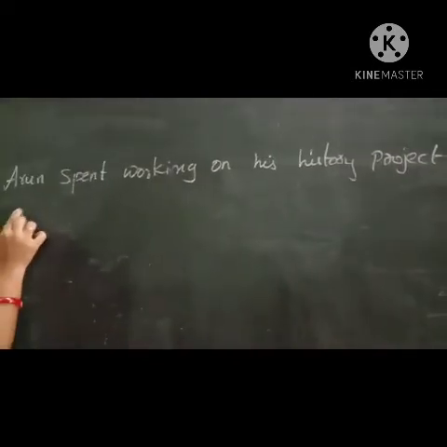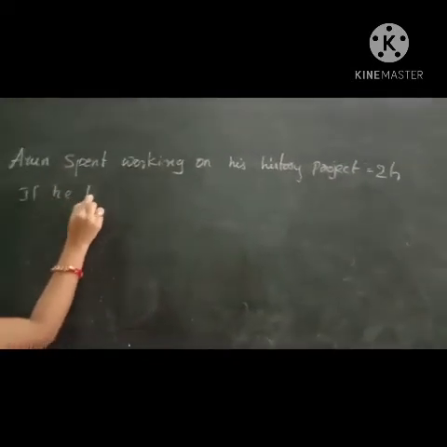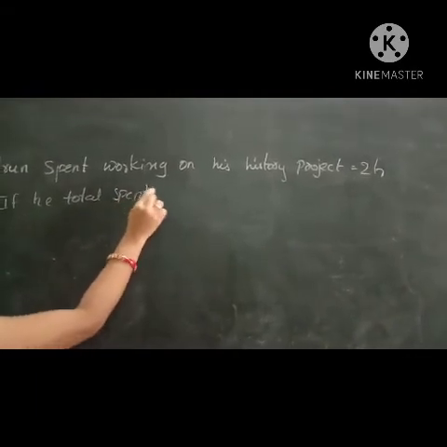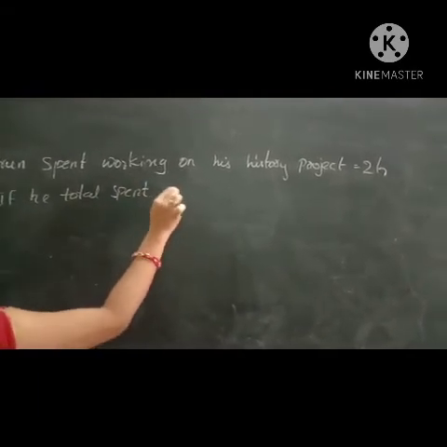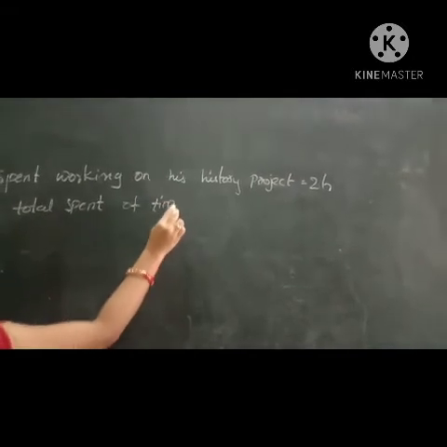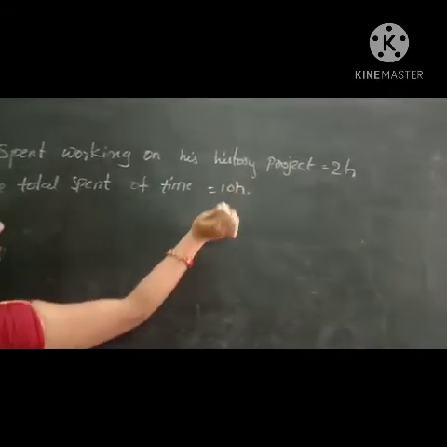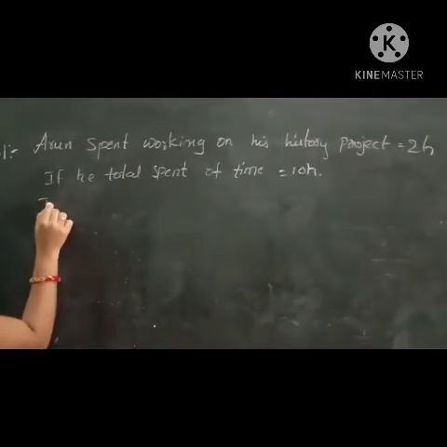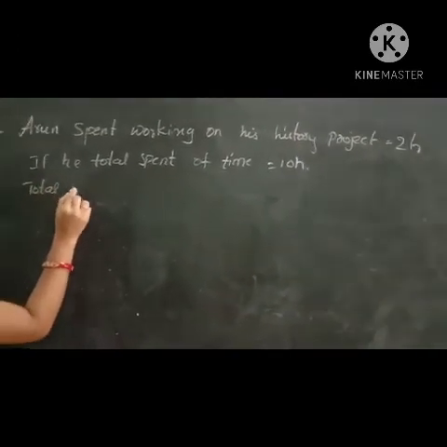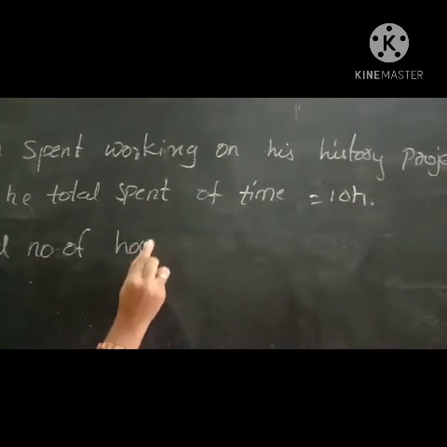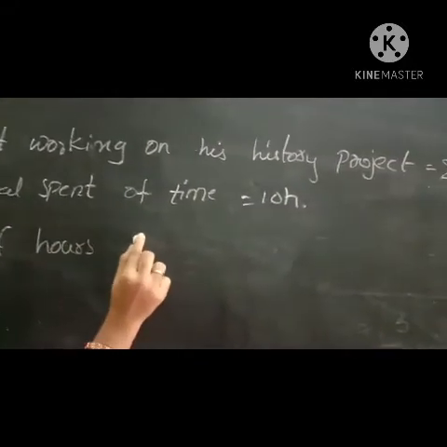Next, if he spent a total of 10 hours, see, the spent time is 10 hours. How many hours are there in one day? Total number of hours in one day?